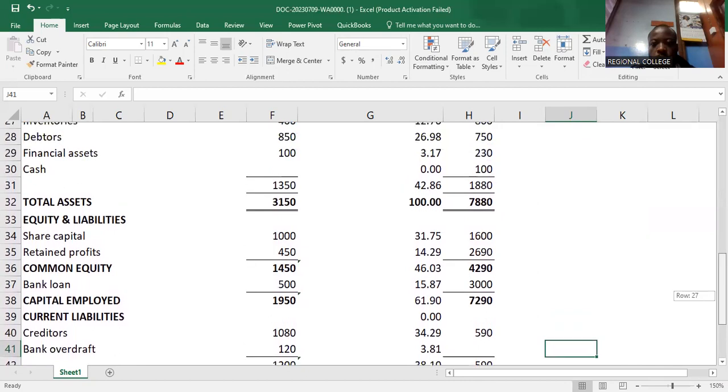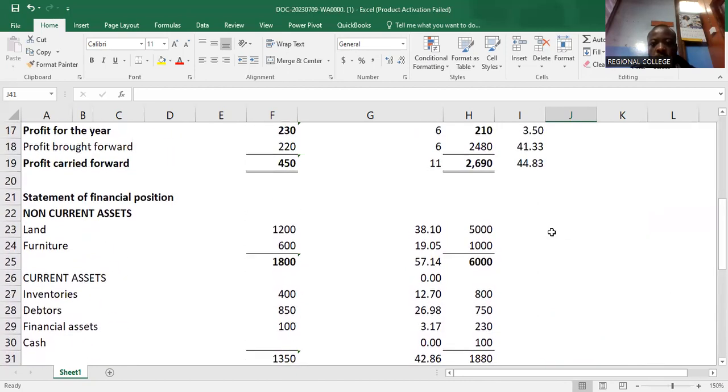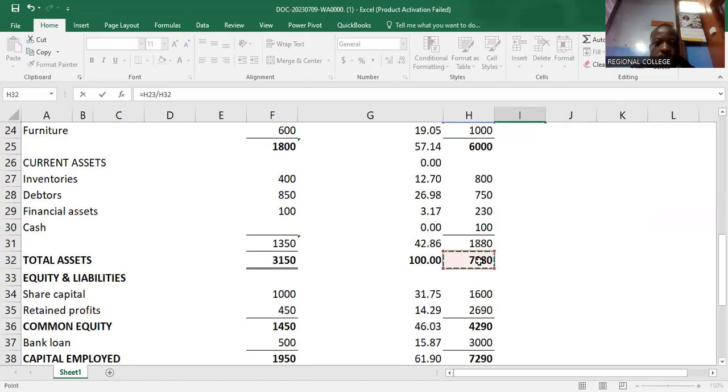So we come back again to the year 2022, we do the same thing. We express our assets based on the total assets. So our land is that one. I divide by total assets. Then to make it easier, I lock my total assets by pressing F4.